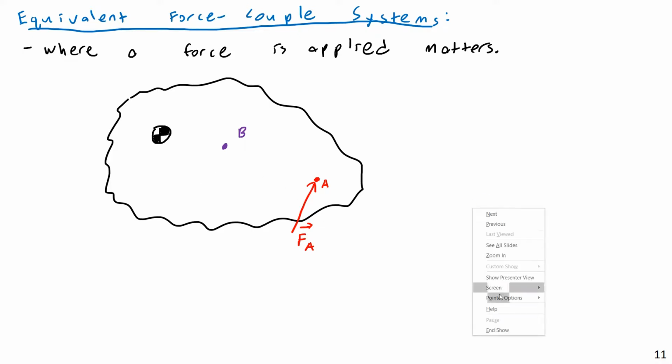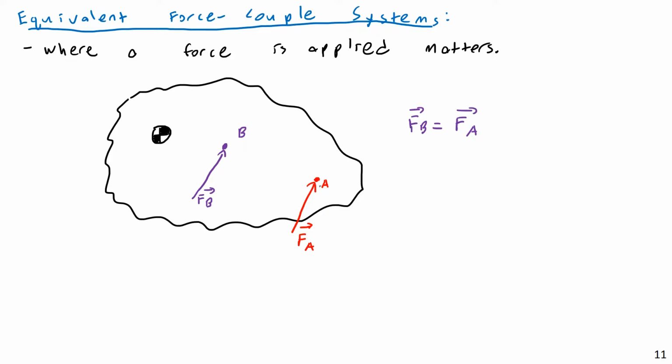So think about this for a second. Let's say I place a vector FB on this, like so, and I say that FB is equal to FA.